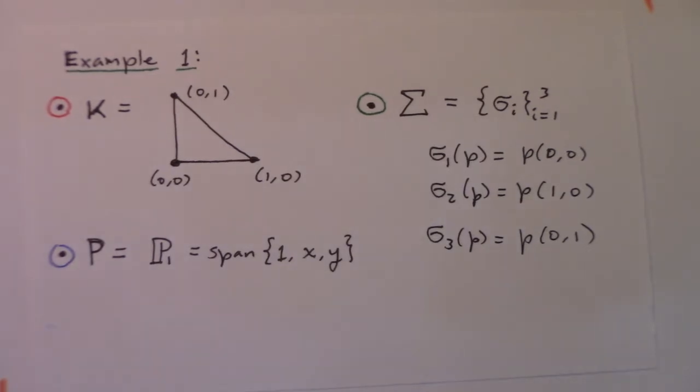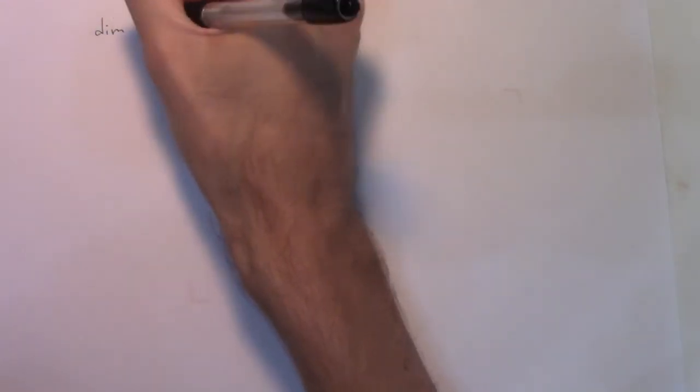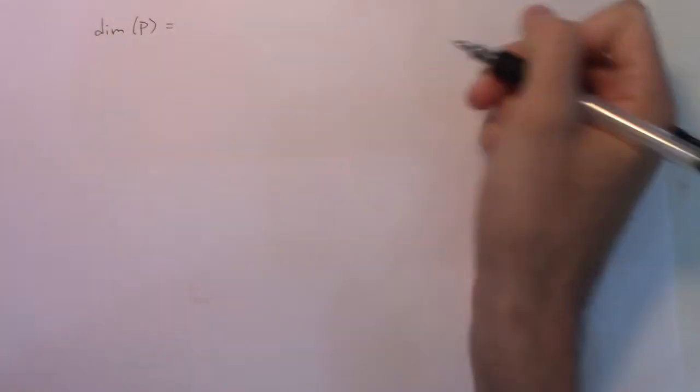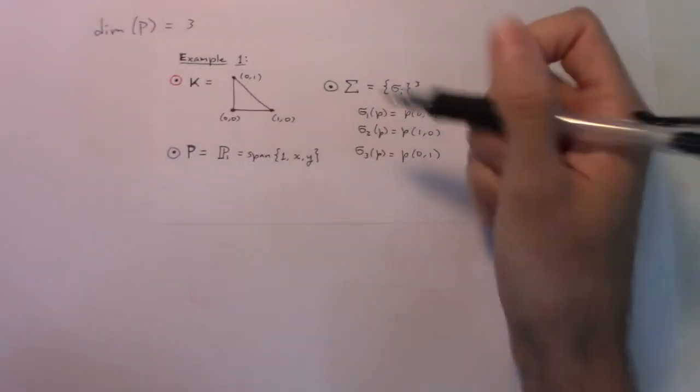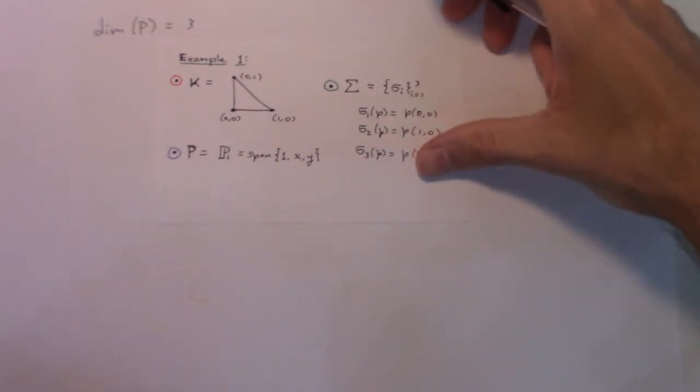And we want to prove that this is in fact a finite element. So let's go ahead and take a look. If we want to prove this, how do we do it? Well, if we look at the dimension of P, the dimension of P is 3. If you recall the example, it's the span of 1, x, and y, so that means the dimension of P is 3.